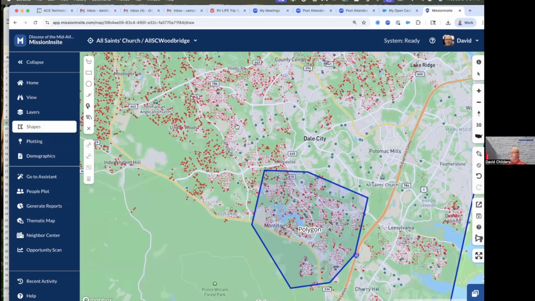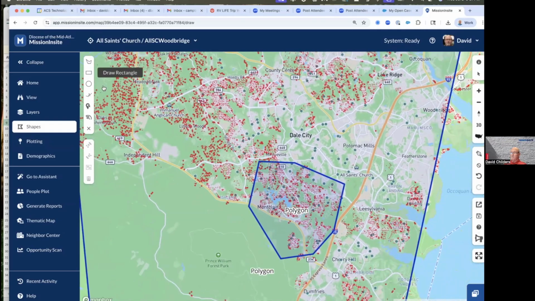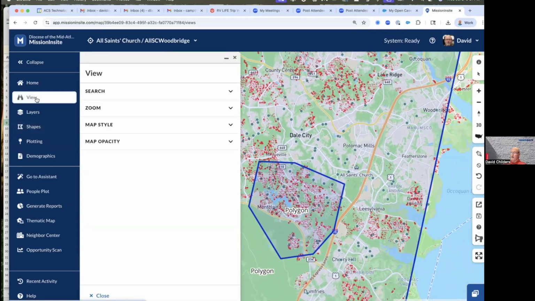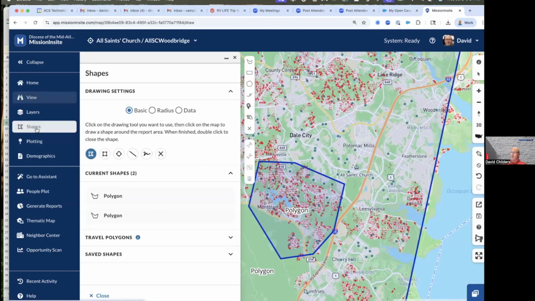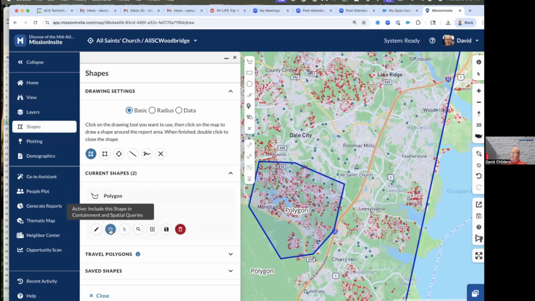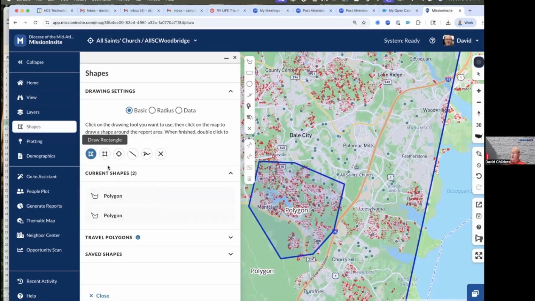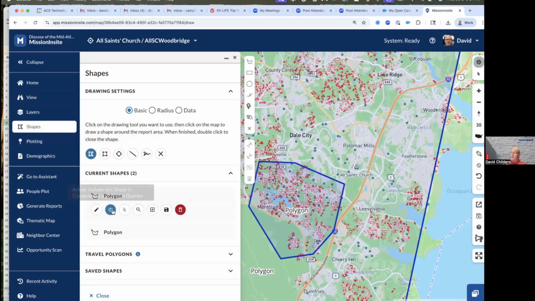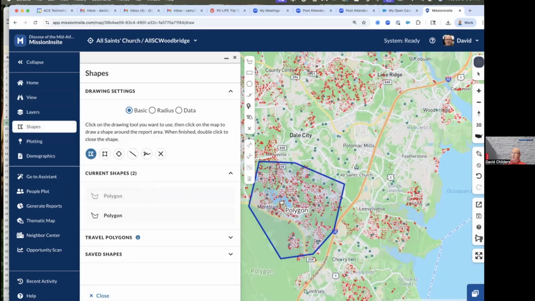So let's do that. If you'll notice under view, I'll come back to shapes again, and you'll notice now I've got two shapes. I've got this polygon and a second polygon. I can turn that on or off, and I'll turn off the other one. So now this is the only one I'm looking at. You with me so far?